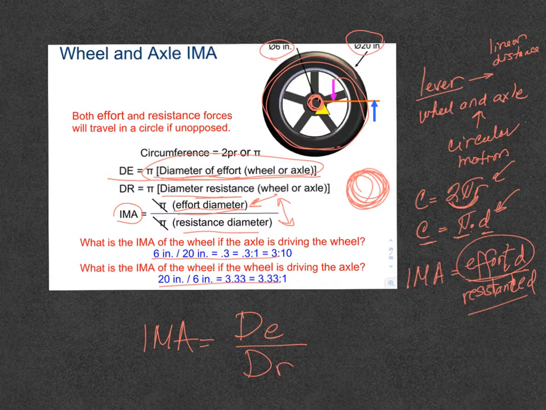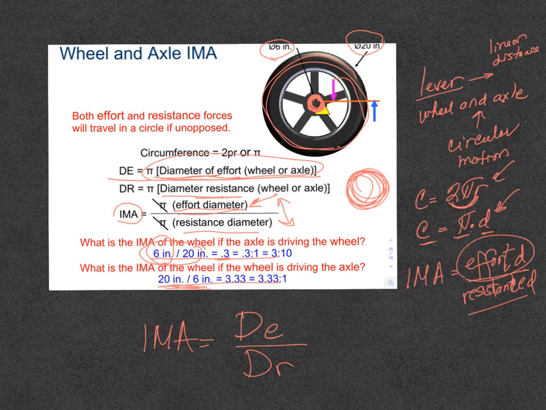As you can see over here, the ratio is less than 1, because the one doing the effort is the one with less diameter, meaning that the axle was the one doing the effort. In that case, you have a third class lever, and the ideal mechanical advantage is always less than 1.